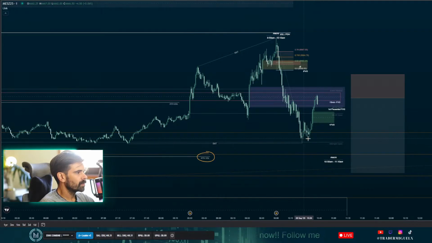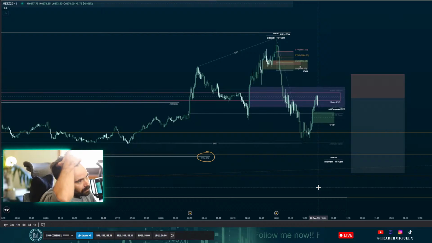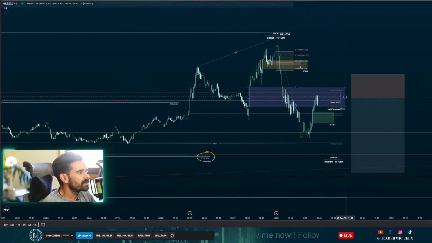So I would have not been able to catch this. So perfect rejection here on the 15-minute fair value gap. Midpoint of the first presented fair value gap as well.